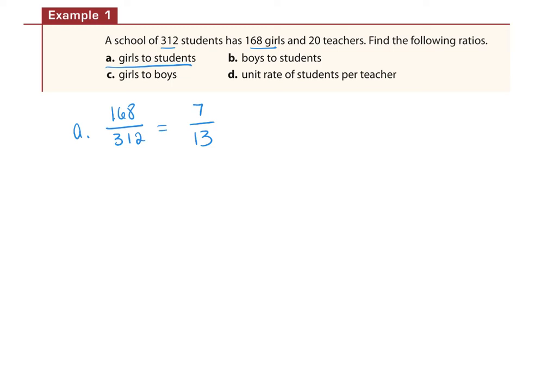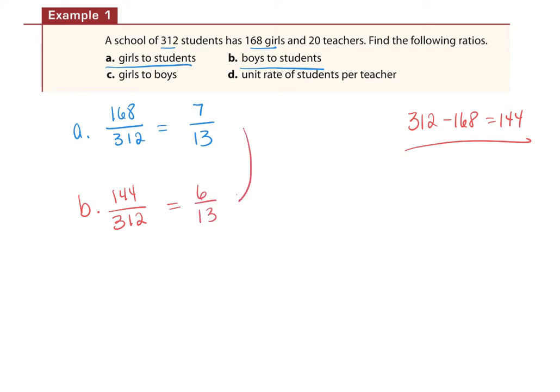So then they said boys to students, right? Boys to students. Well, you could look at this 2 ways. If I want to know how many boys, I just subtract the number of girls, right? Obviously, okay? So I'm going to have 144 boys compared to the total number of students. This one's actually going to reduce to 6 over 13.